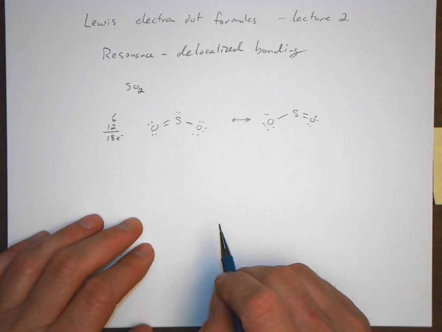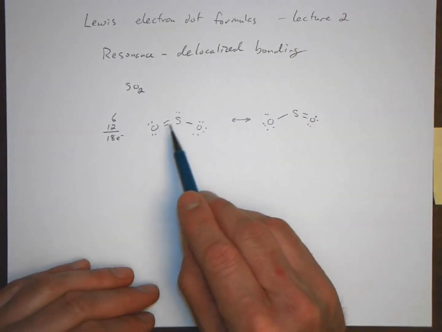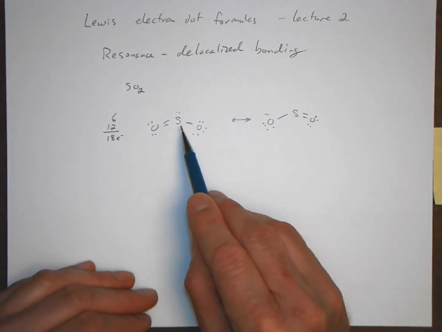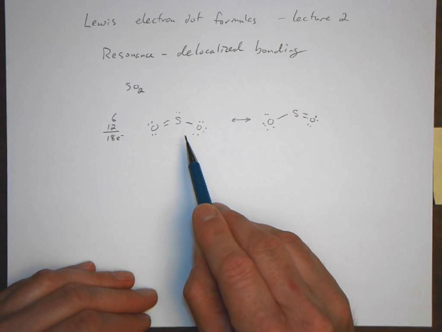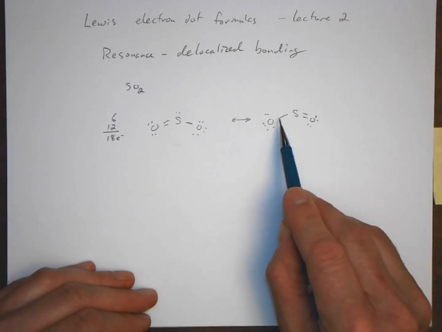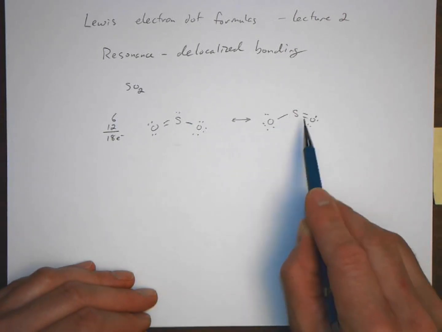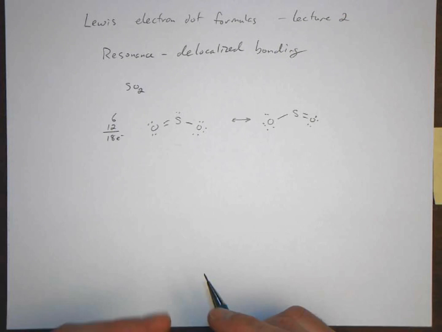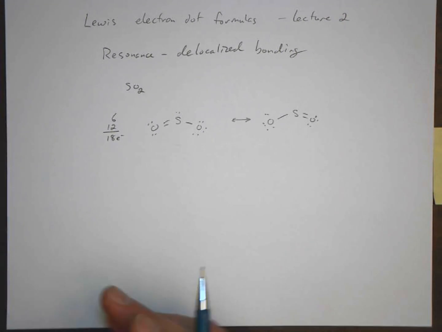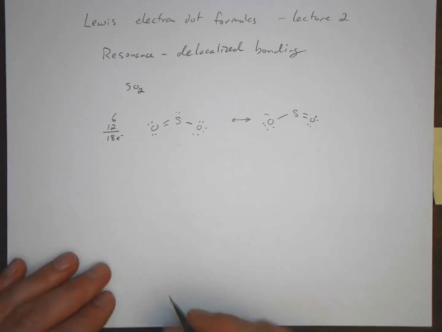What we're saying is that you don't actually have a double bond to one oxygen and a single bond to the other, or a single bond to this oxygen and a double bond to the other. The true structure is an average of the resonance forms.